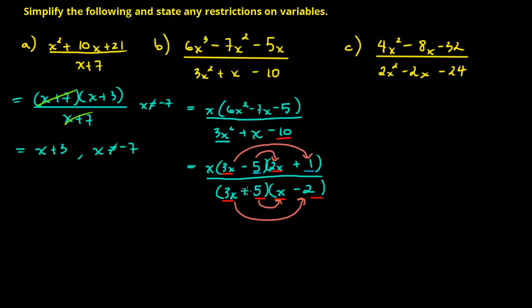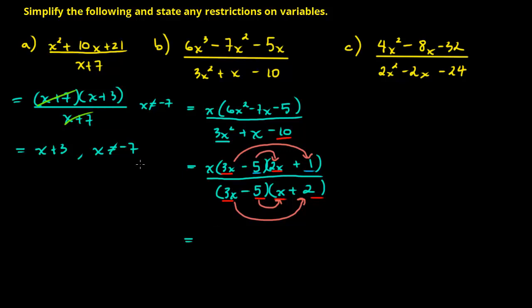But notice that if I just switch the signs here, my middle term would be 6x minus 5x, which is positive x. So now that I've factored both the numerator and denominator, I can divide out some factors.